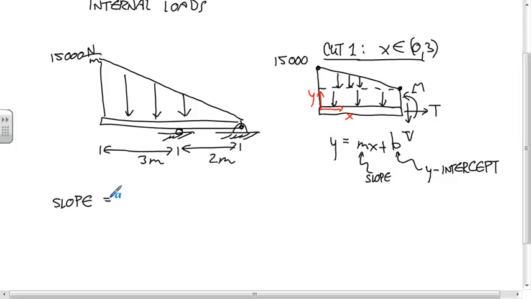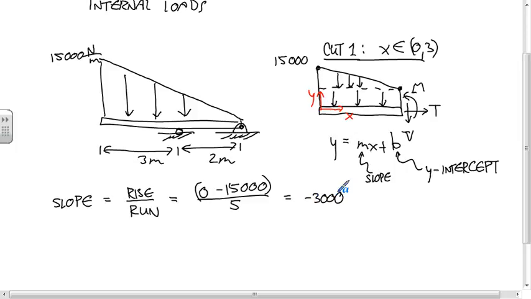So the slope is rise over run, which is 0 minus 15,000 divided by 5. And so you get negative 3,000. We don't have to worry about units right now. Okay, so that's the slope.